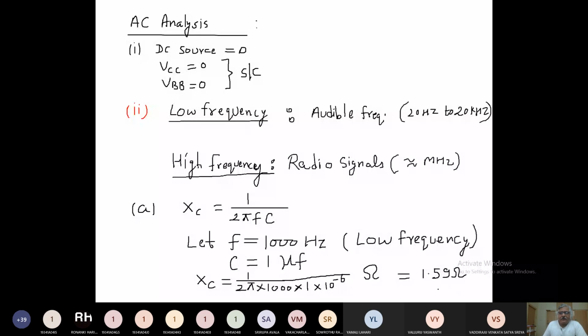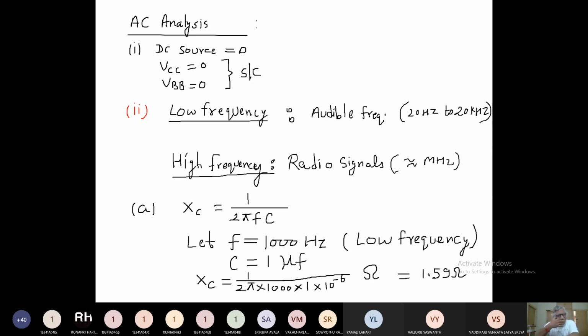So now you see the resistance offered by a capacitance of value 1 microfarad at 1000 hertz is 1.59 ohm. It is a very small value, right? Because when we connect the resistors in the transistor amplifier, the various resistors RB, RC, RE have much higher values.